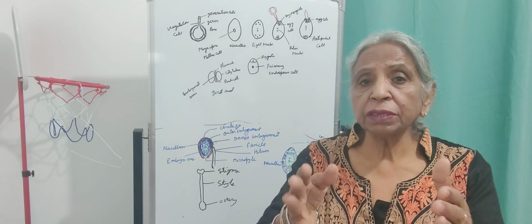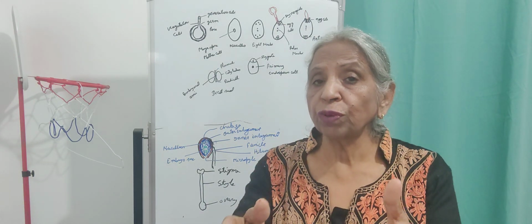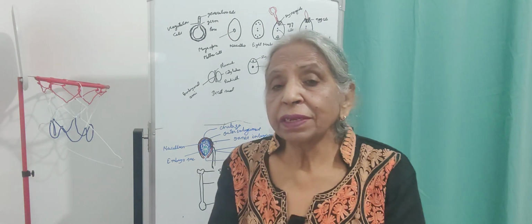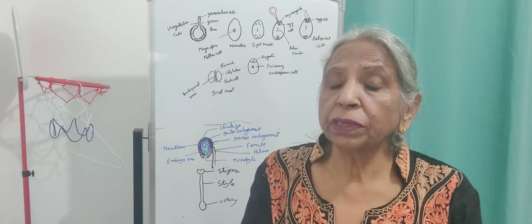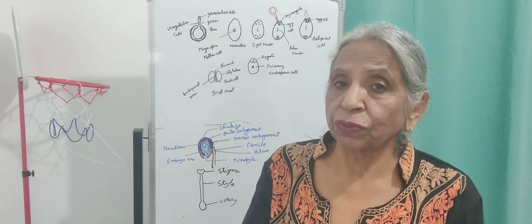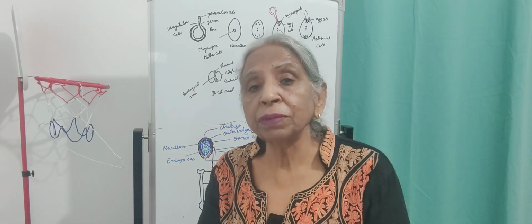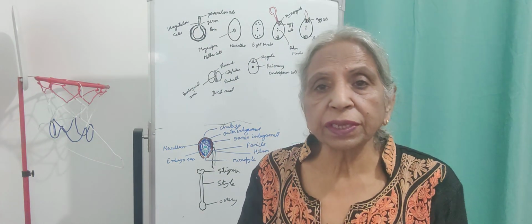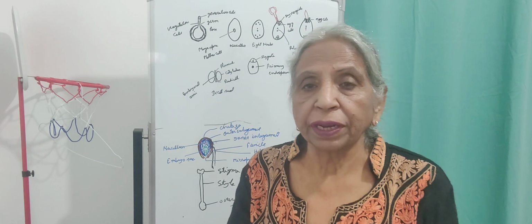The fruit is formed from the ovary. But in some cases, along with the ovary, the thalamus of the flower is also converted into fruit. The fruit is developed from thalamus along with ovary. Such fruits are called false fruits, as in case of apple, strawberry.